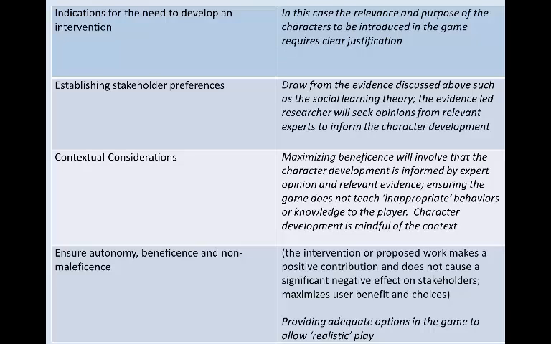We saw from the video clips and from the interview extracts before that establishing stakeholder preferences is important here. Draw from the evidence discussed above, such as the social learning theory, the views of the potential users of the serious game resource. You saw the opinions presented in terms of realism and the potential influence that the game character may have by the student doctors.